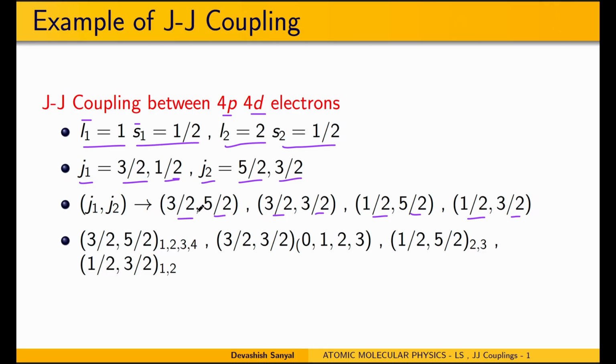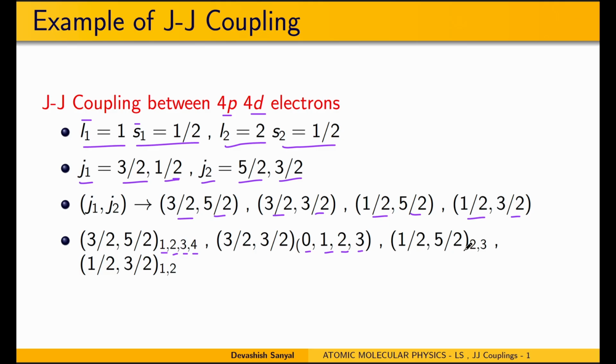So this is J1, J2. Now J1 and J2 will combine to give the total angular momentum. For 3/2 and 5/2, what are the possible angular momenta? 5/2 plus 3/2 down to 5/2 minus 3/2, which gives us 1, 2, 3, 4. This is the total angular momentum quantum number. For 3/2 and 3/2, you can easily check, you will get 0, 1, 2 and 3.